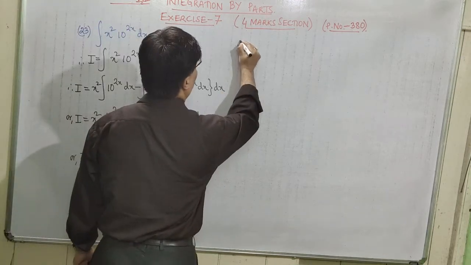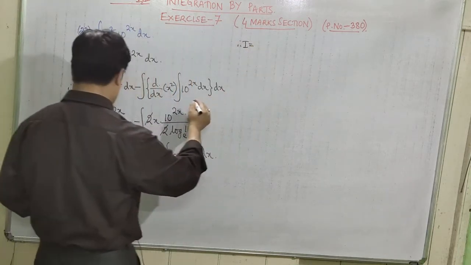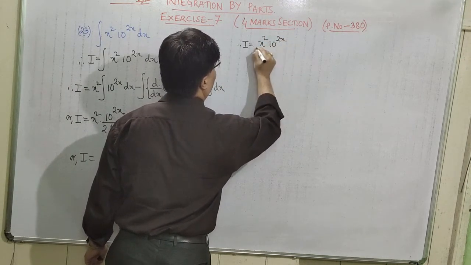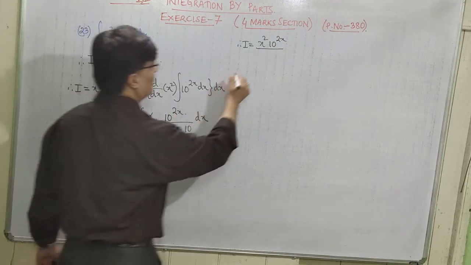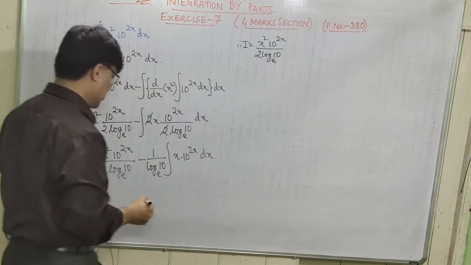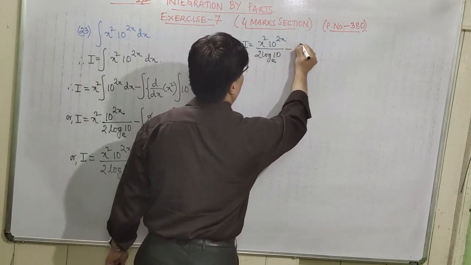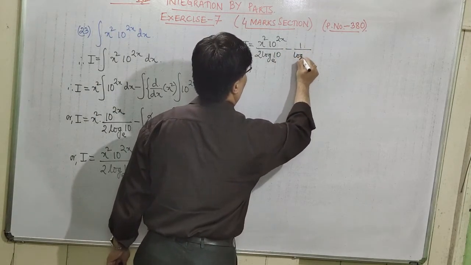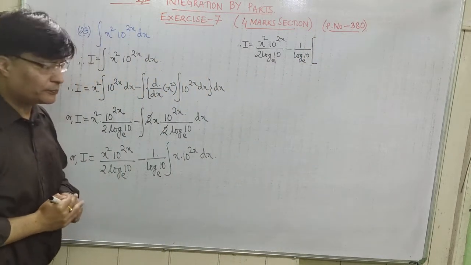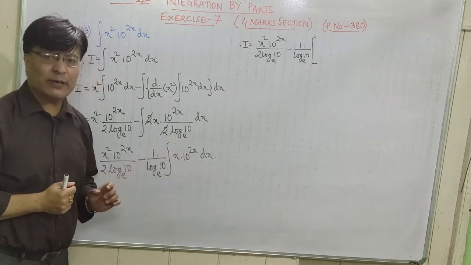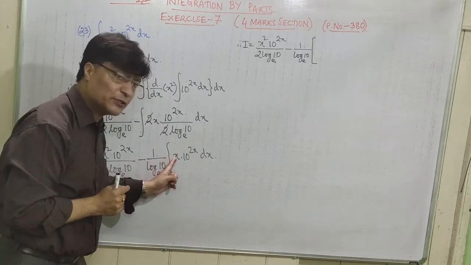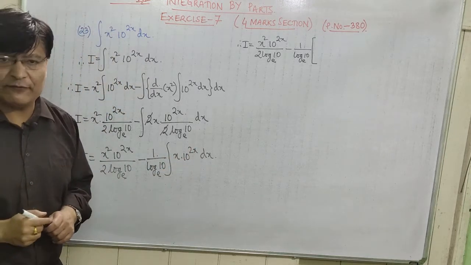So therefore I is equal to x square 10 to the power 2x divided by 2 log 10 base e minus 1 upon log 10 base e. Now within the third bracket, again you have to use integration by parts. I already told you that x is the first function and 10 to the power 2x is the second function.